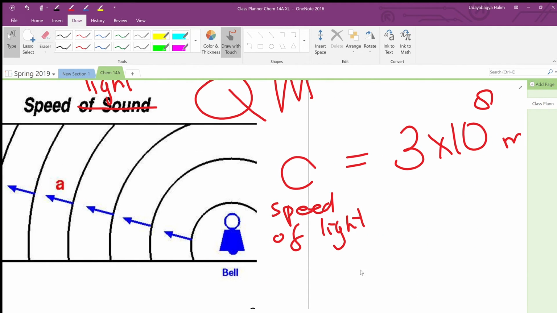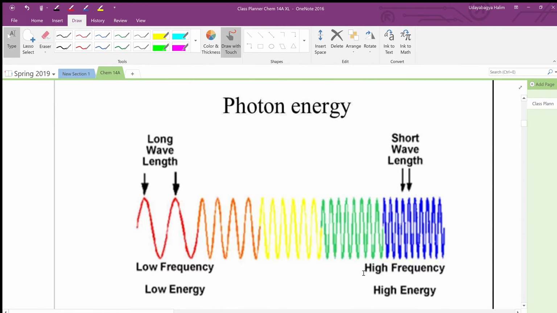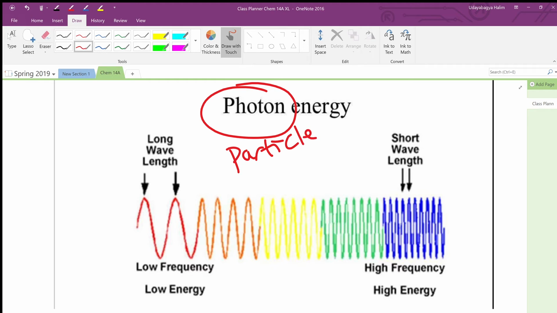What we're interested in most of the time, for now, is the simplest kind of wave, which is called the photon, or really, just a particle of light. In order to understand quantum mechanics, photons are the simplest kind of wave there is, and are probably the most common method of detecting chemical reactions and properties of molecules and so on.